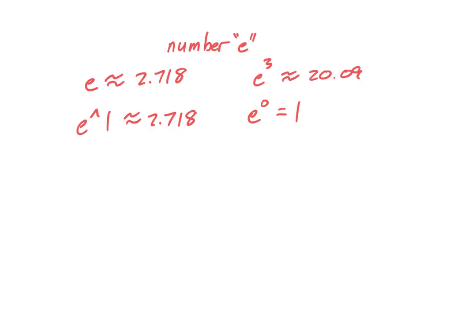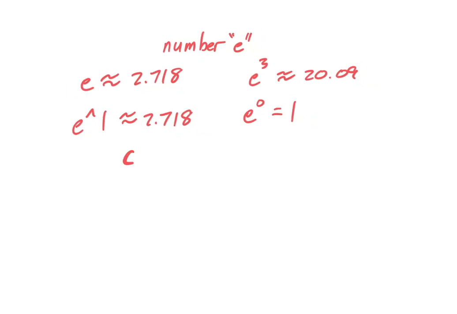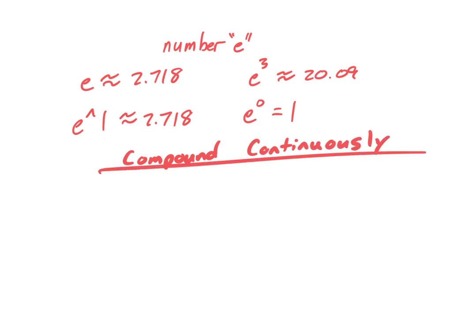The most common place that we're going to see e is we're going to do what we call compound continuously. So it's a different kind of compound. The key word here is continuously.